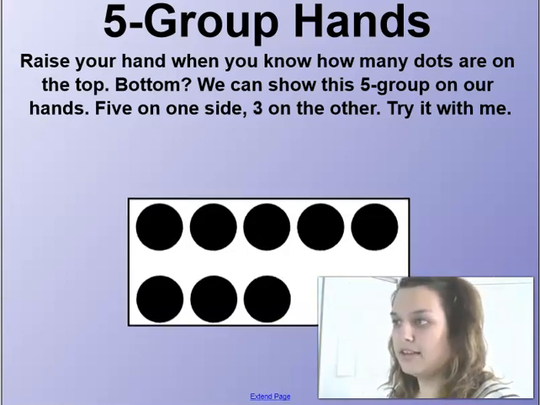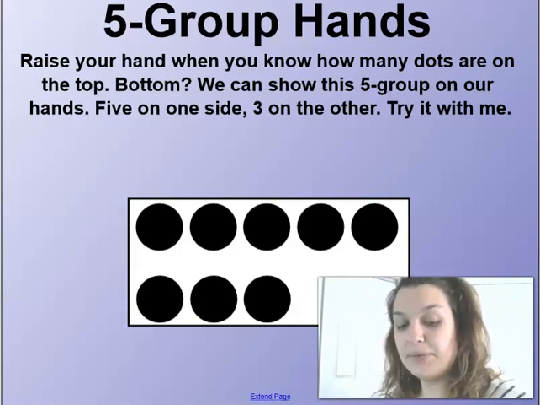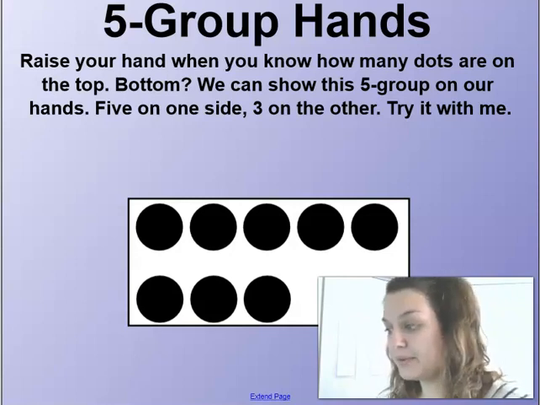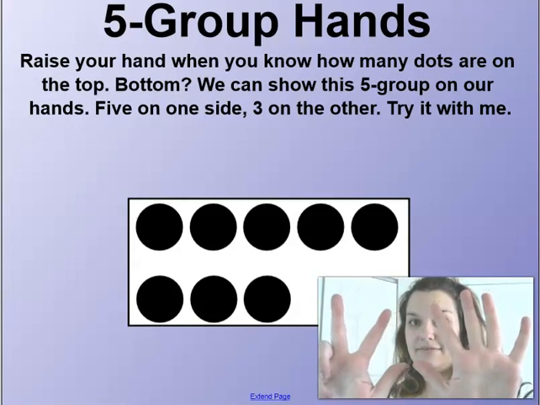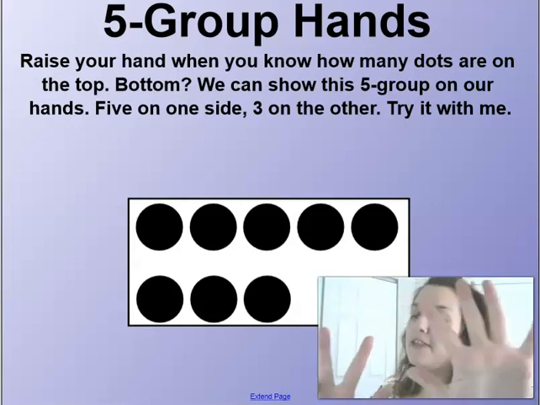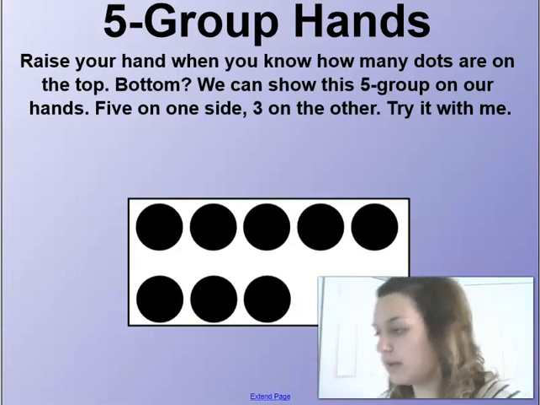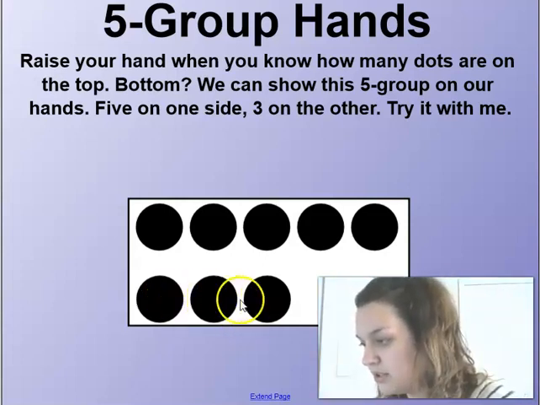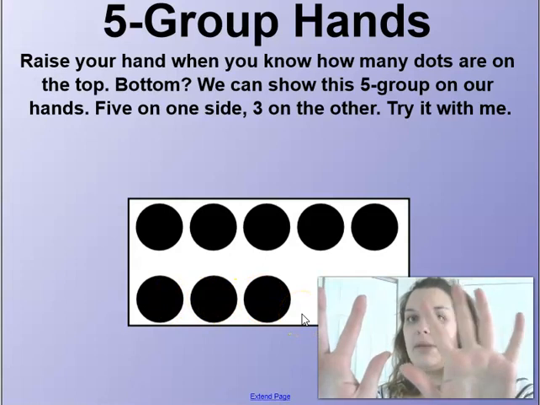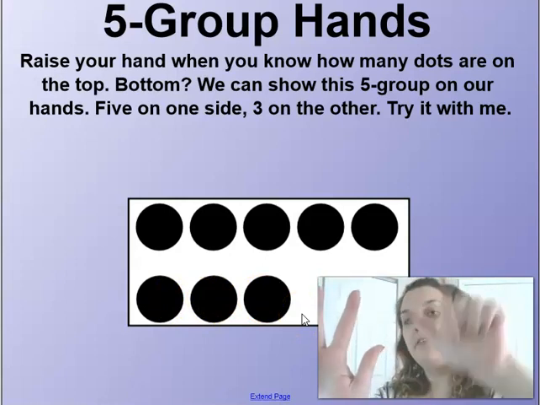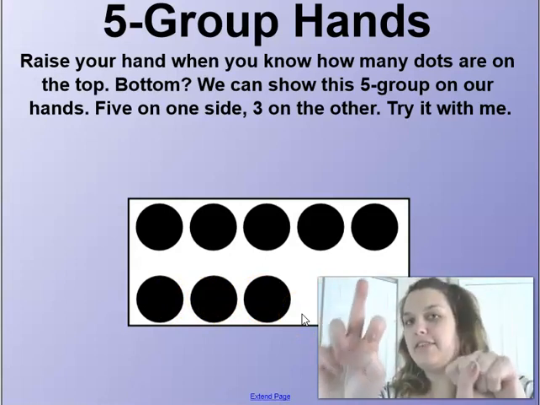Show me in 3, 2, 1, 0. That's what your hand should look like. You have 5 on the top, and then you have 1, 2, 3 dots on the bottom. Let's count how many. 1, 2, 3, 4, 5, 6, 7, 8.